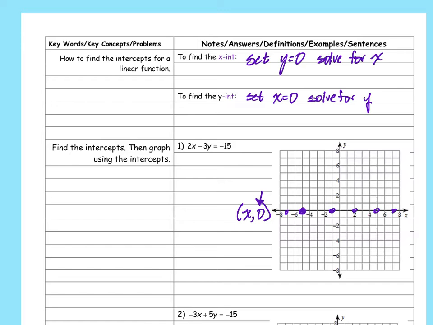Okay? And I can think of it the same thing when I'm trying to find a y-intercept. I know that my y-intercept is somewhere on this axis, right? So I know the coordinates of the points on that axis are 0 and some y value. So I know that x equals 0 when I'm trying to find my y-intercept. X is always 0 because in my point for that, x is 0.